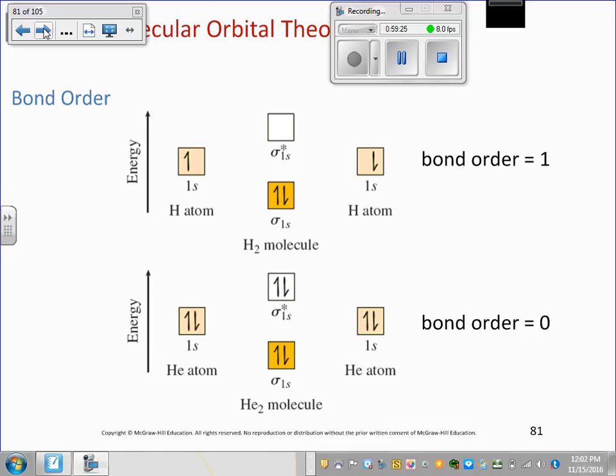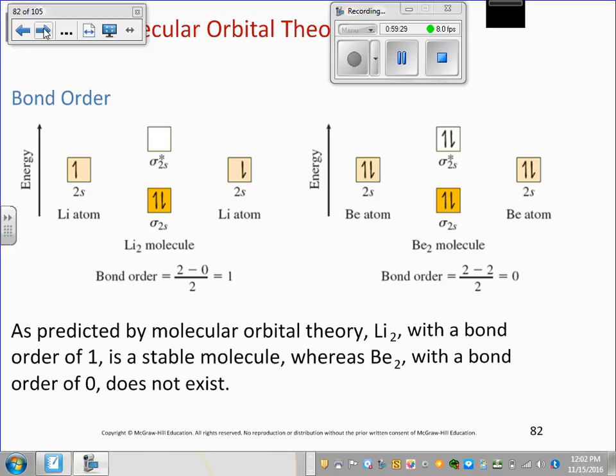So if you look at lithium, can we make lithium? Well, again, we're looking at the valence electron, so we have the 2s. Lithium has how many electrons? 3. So if you look at lithium, 1s2, 2s1.